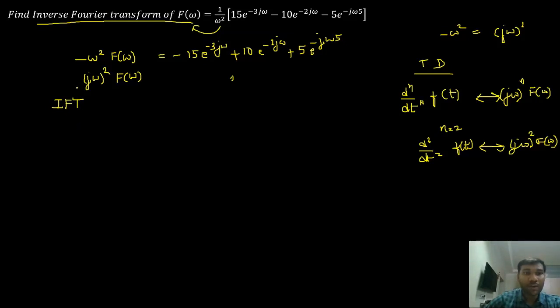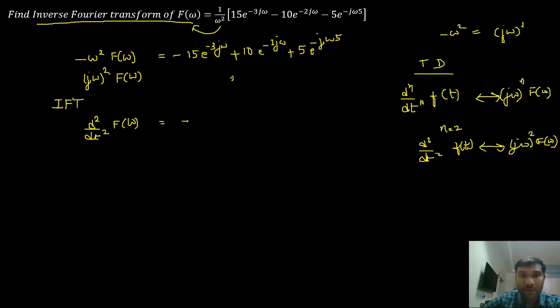The inverse Fourier transform for my left hand side is nothing but d square by dt square of f of omega, that is equal to inverse of the right hand side. What will be the inverse of the right hand side?